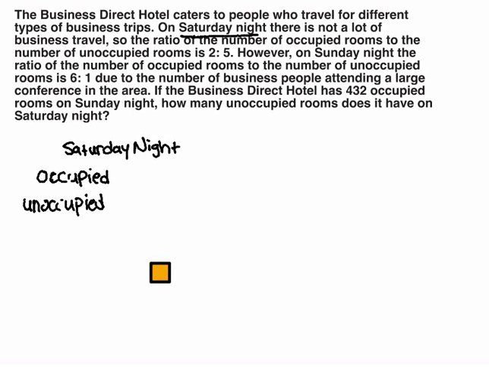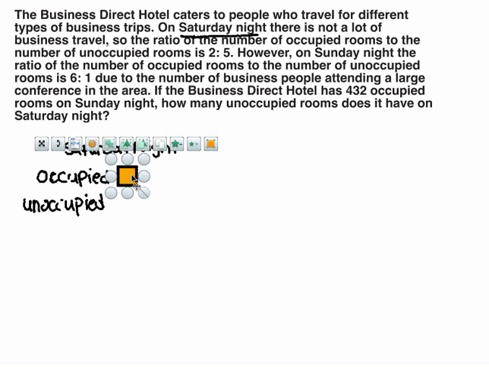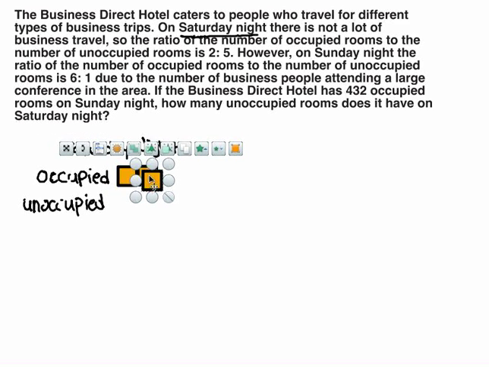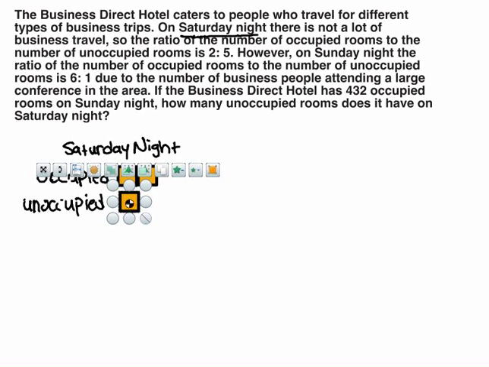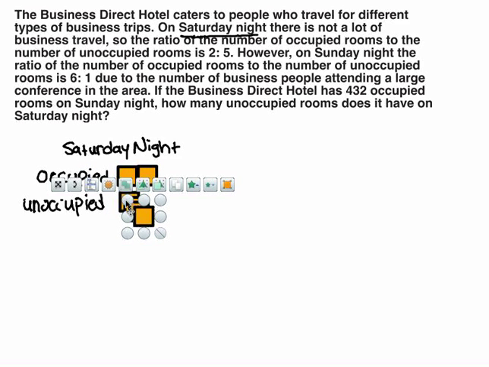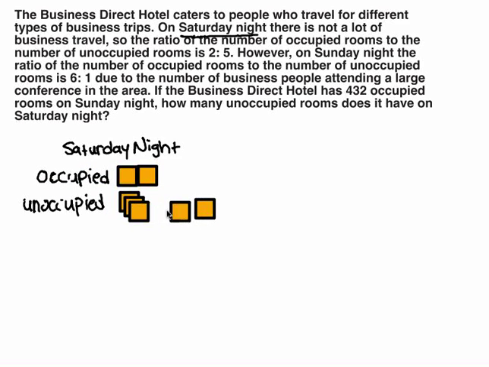Of course, the text isn't coming out clearly, but the ratio of occupied to unoccupied is 2 to 5. So it would look something like this.